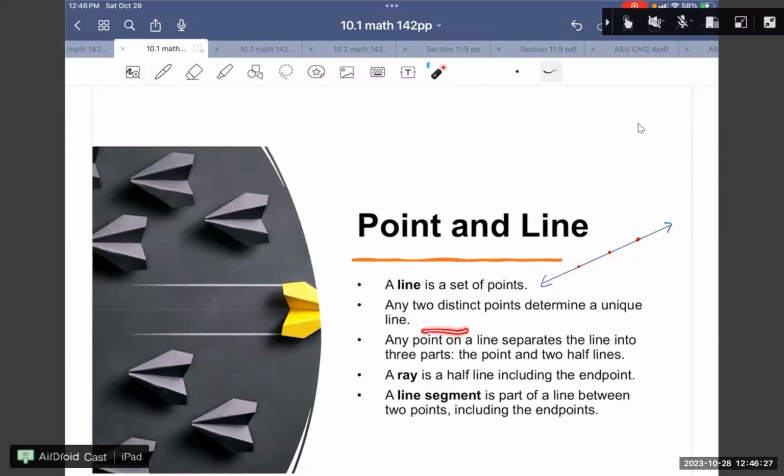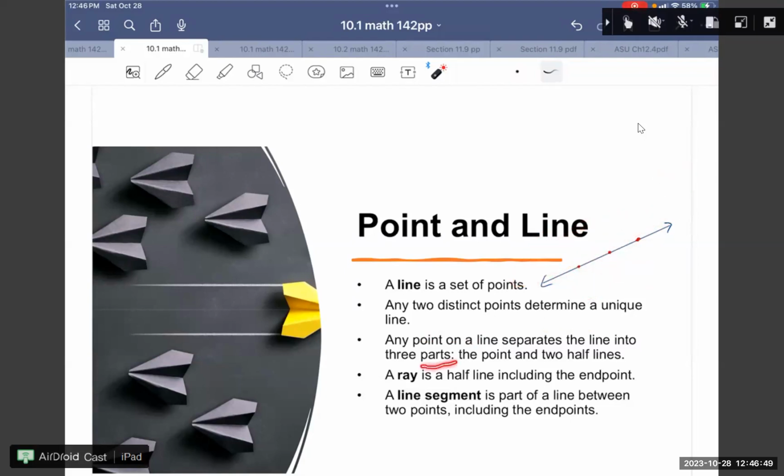Any point on a line separates the line into three parts. We have this one, and this one, and another one. Like for example, this line, we get this point, and we can divide this line into two half lines. So they have one half line here and one half line here.